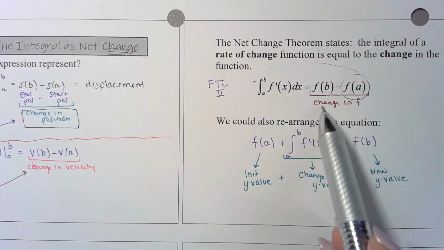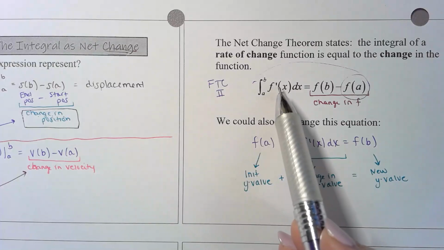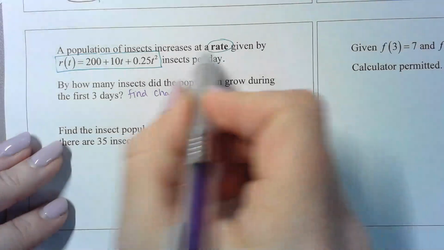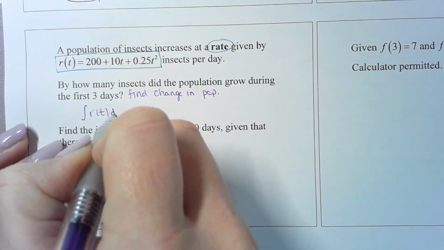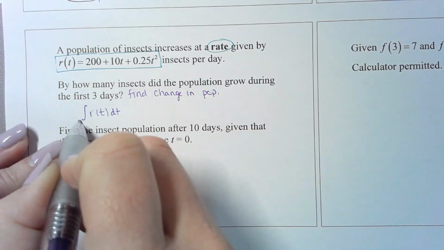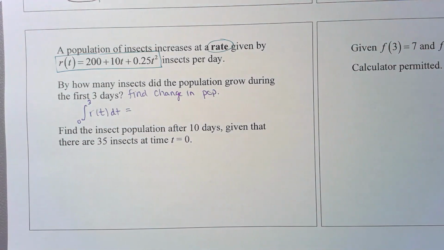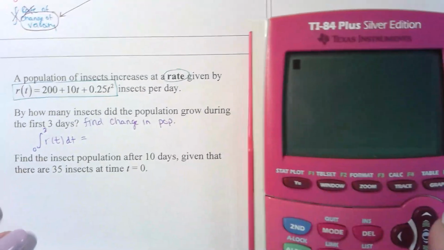If you want to find the change in something, you want to integrate its derivative or integrate its rate. So that's good because that's exactly what I have. So when I integrate that function r of t from 0 to 3, that's going to give me the change in the population.